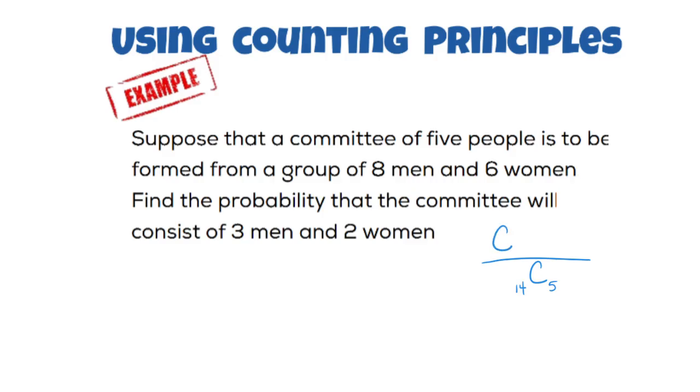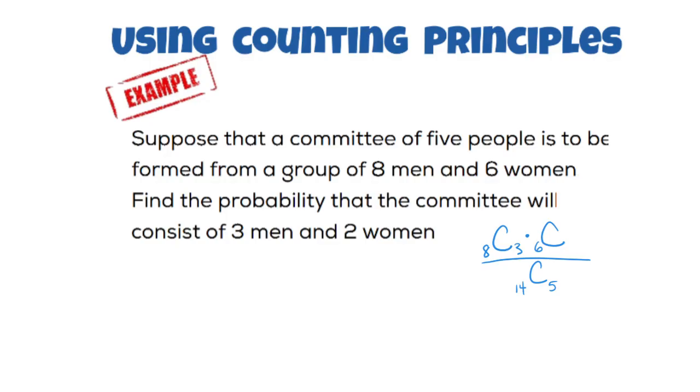I'm going to start off with the men. There are 8 men, and I want to end up with 3 of them on the committee. So this would be all the different ways that that could play out. And I'm going to multiply here by another scenario of the women. I want to make sure that I get exactly 3 men, so that means I need exactly 2 women.